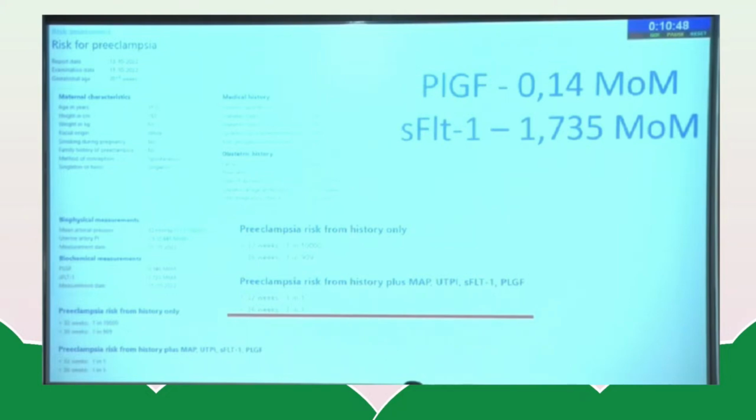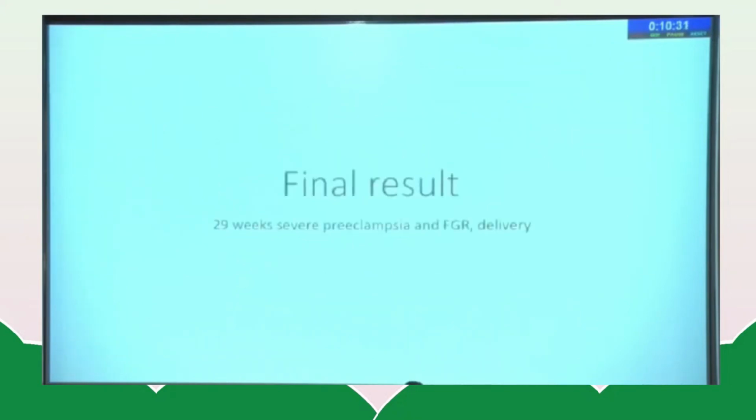It's definitely a disturbed balance. So look at this underlined red line, the probability of development of early onset preeclampsia was 1 to 1. It was 20 weeks of pregnancy, and this is the final result of this pregnancy: at 20 weeks, severe preeclampsia with FGR and delivery, unfortunately.